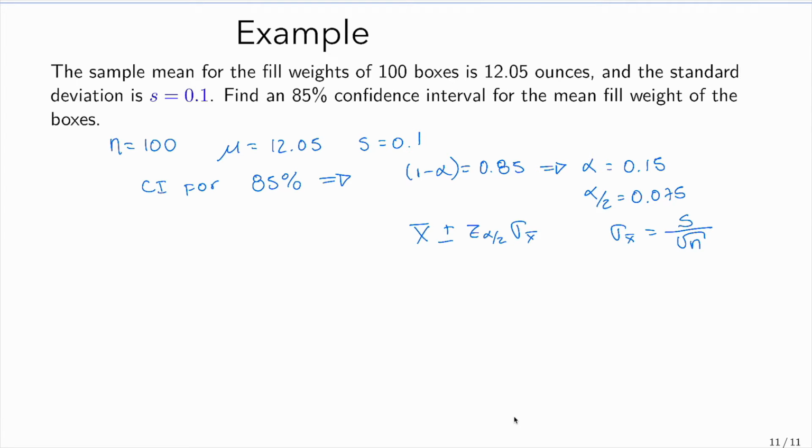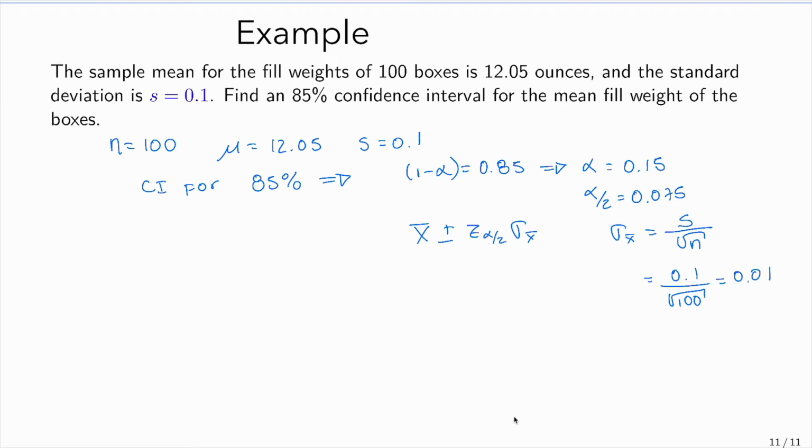So in our particular case, S is equal to 0.1 and n is equal to 100, so the square root of 100 is equal to 10. 0.1 over 10 is equal to 0.01.